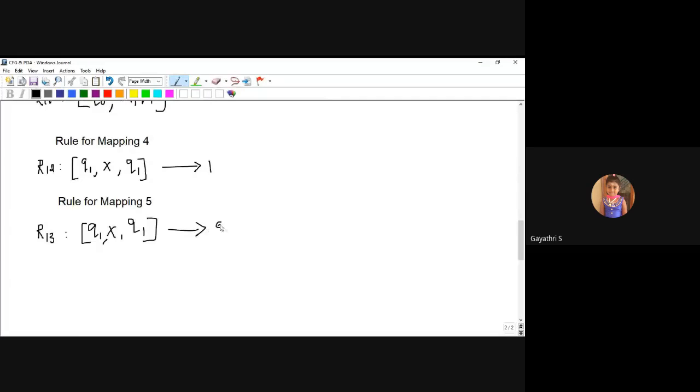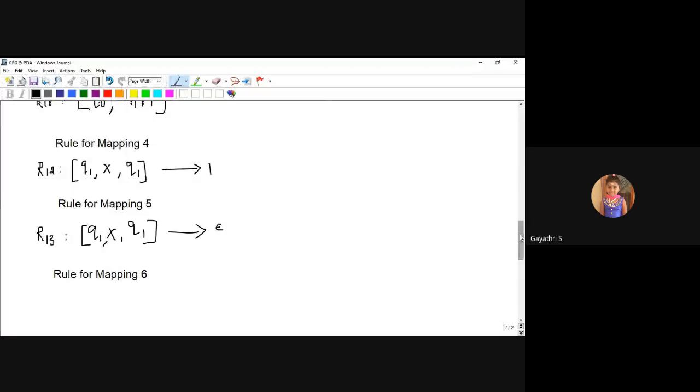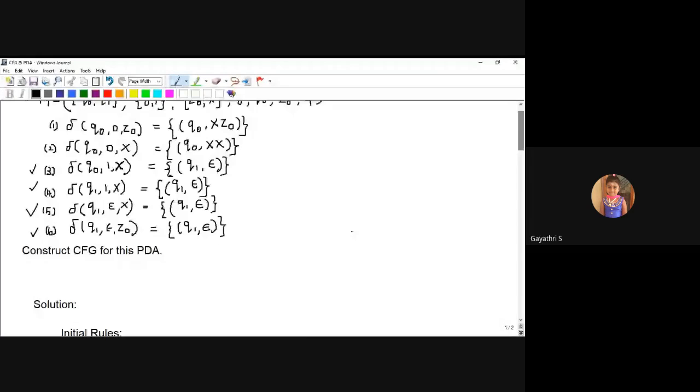Okay. Next, rule for mapping 6. Here, first element in the left hand side Q1, first element in the right hand side Q1, top of the stack Z0, input alphabet epsilon.